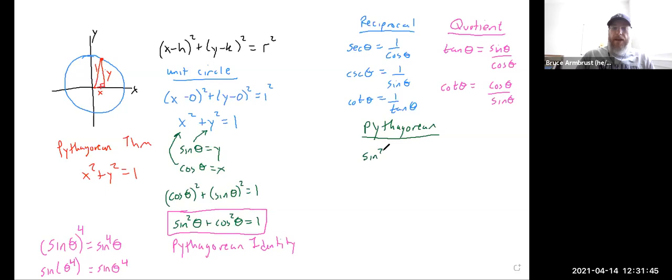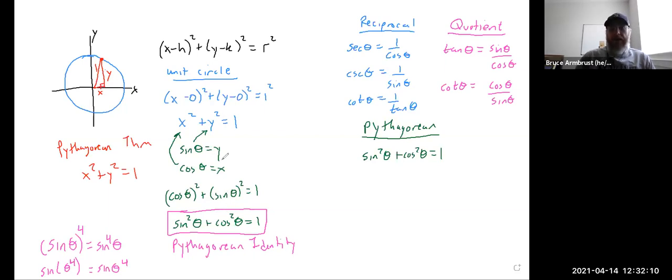So we've got sine squared plus cosine squared equals 1. And you'll actually see that if you were to take any of the points on our chart, any of the x and y pairs, if you square both of them and add them together, you always get 1. It always happens. It just comes naturally from the definition of the unit circle.